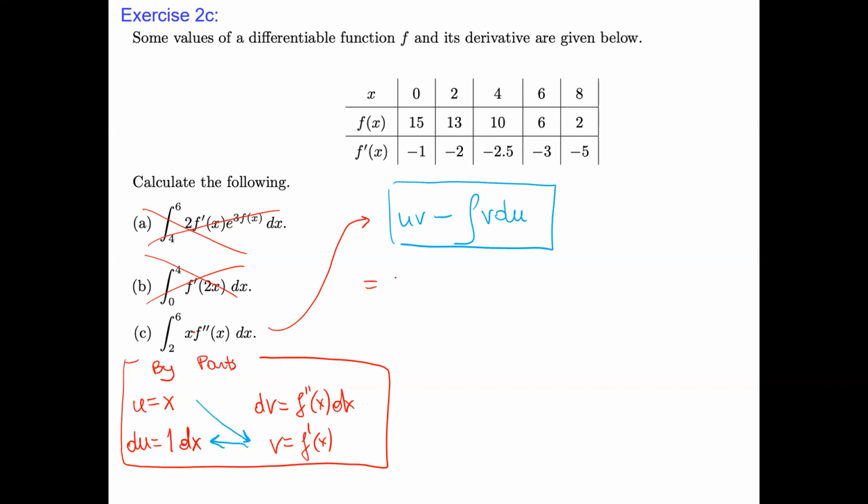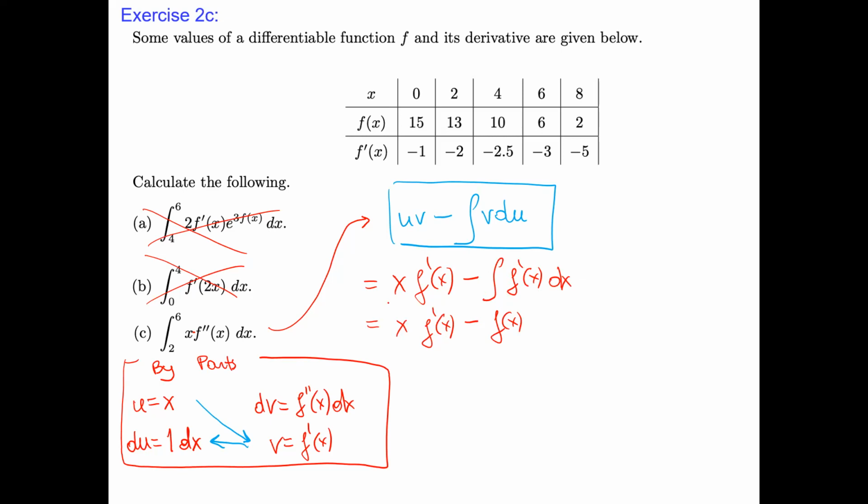We will have x times f prime of x, minus the integral of f prime of x times 1 dx. Okay, we do have limits of integration. Let's integrate the entire thing. The integral of the derivative is just the original function, because the derivative of this function is in the integrand.